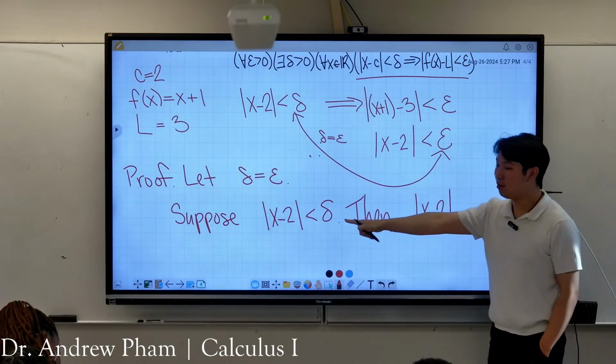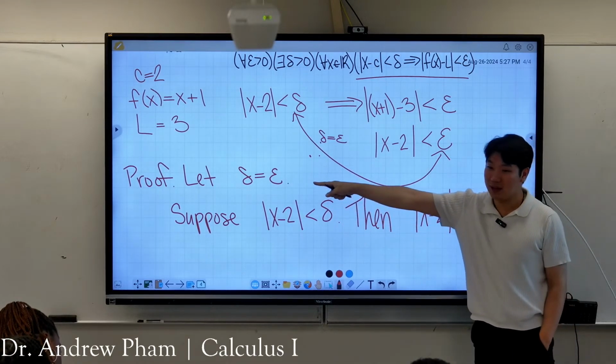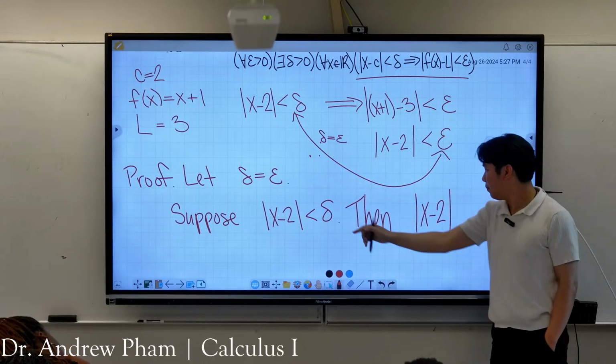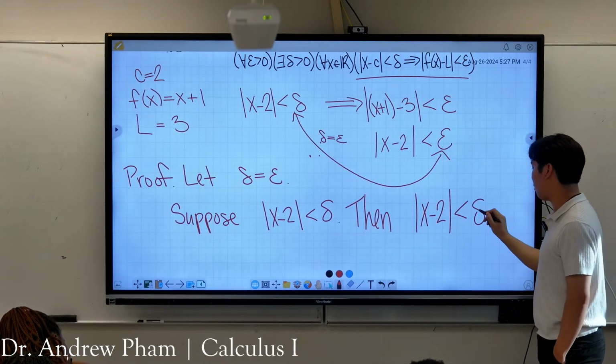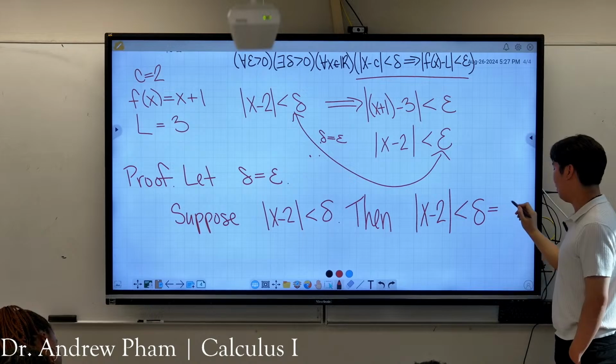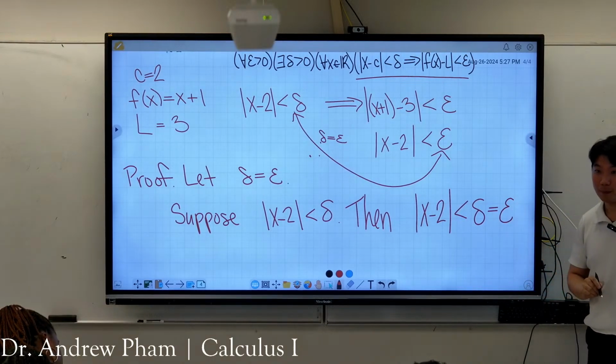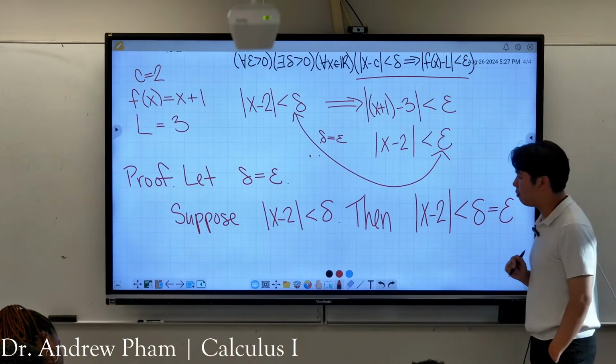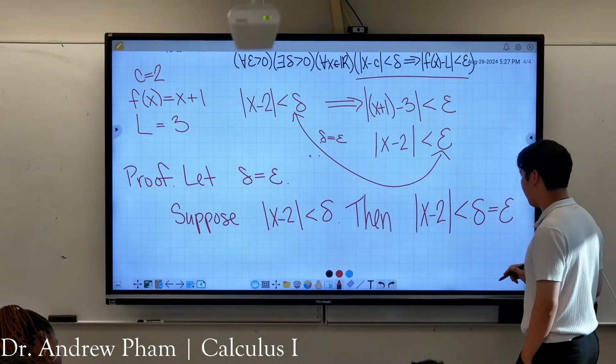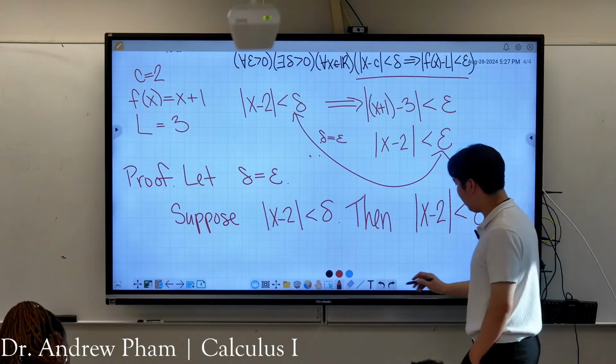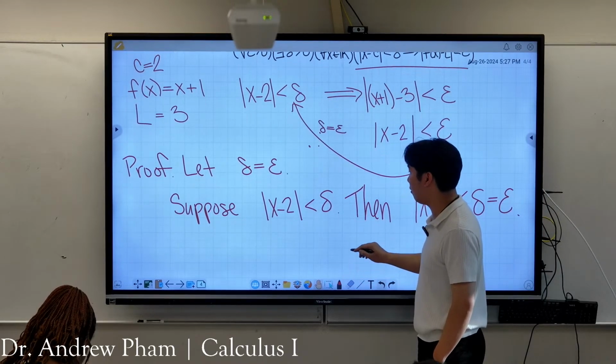Again, we have that it's less than delta. What's delta again? So we have this is less than delta. That's a given. That's epsilon. We have this so far. I did go slightly out of order for this, but that's fine.